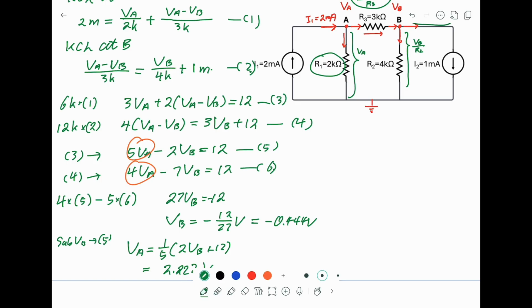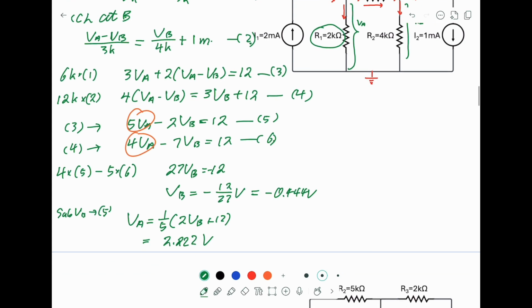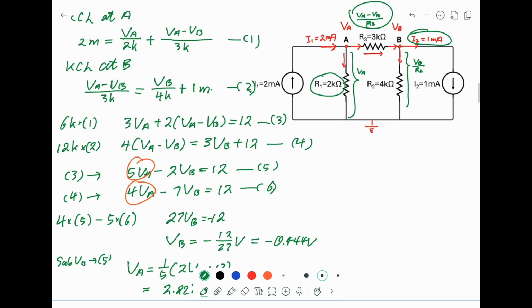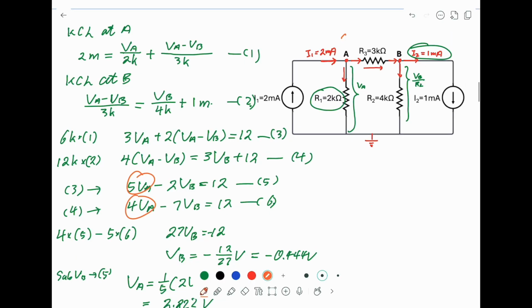Okay, let's check, and in particular find the current passing through R3. VA is 2.222 volt. VB is negative 0.444 volt. So our assumption that VA is bigger than VB is correct.